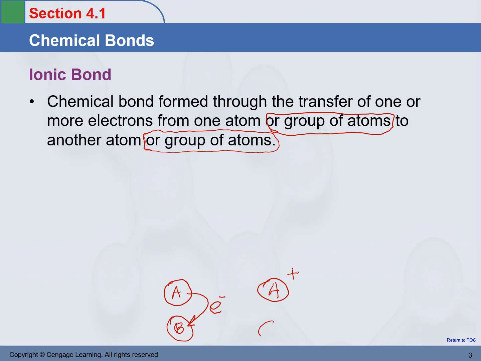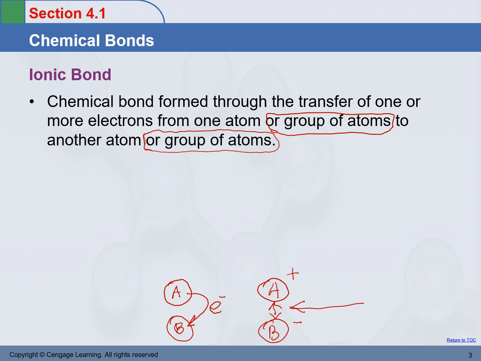And B is now going to carry a negative charge because it gets a particle that carries a negative charge. Now the two particles carry opposite charges and they will attract each other. Does that make sense to you? This attractive force is called ionic bond.